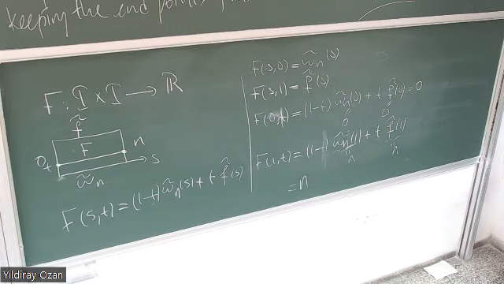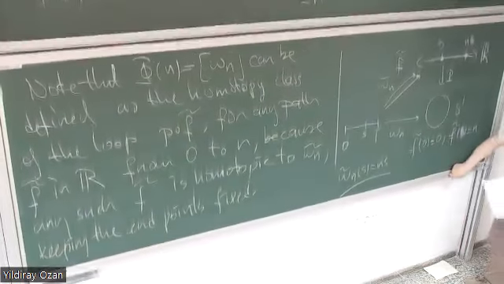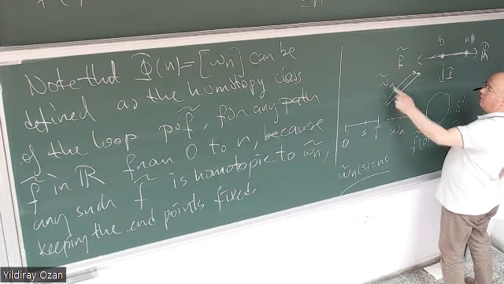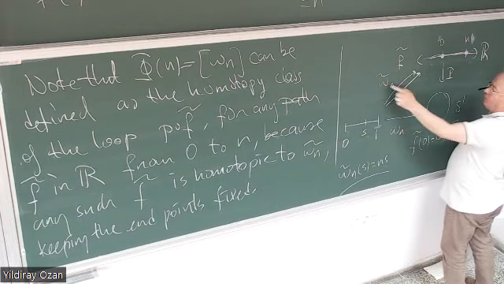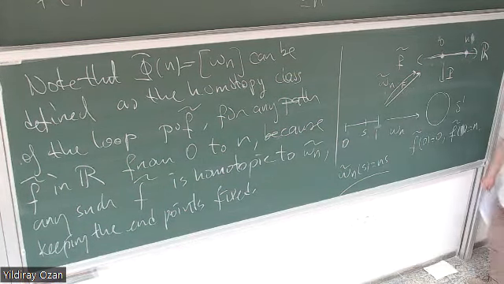Now, what we see is that I have two different paths from 0, 1 to the real line, and they're homotopic via some homotopy F, right?